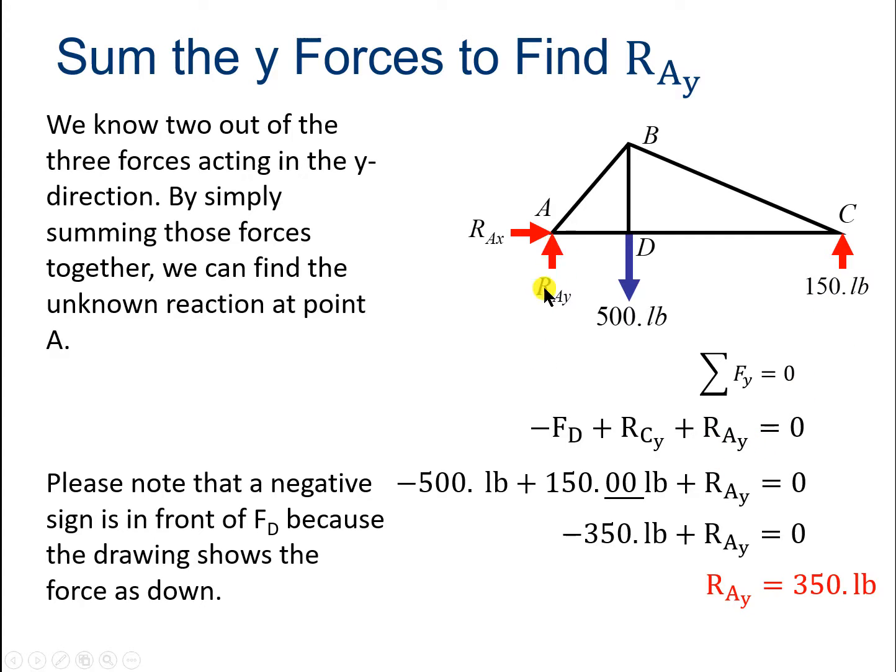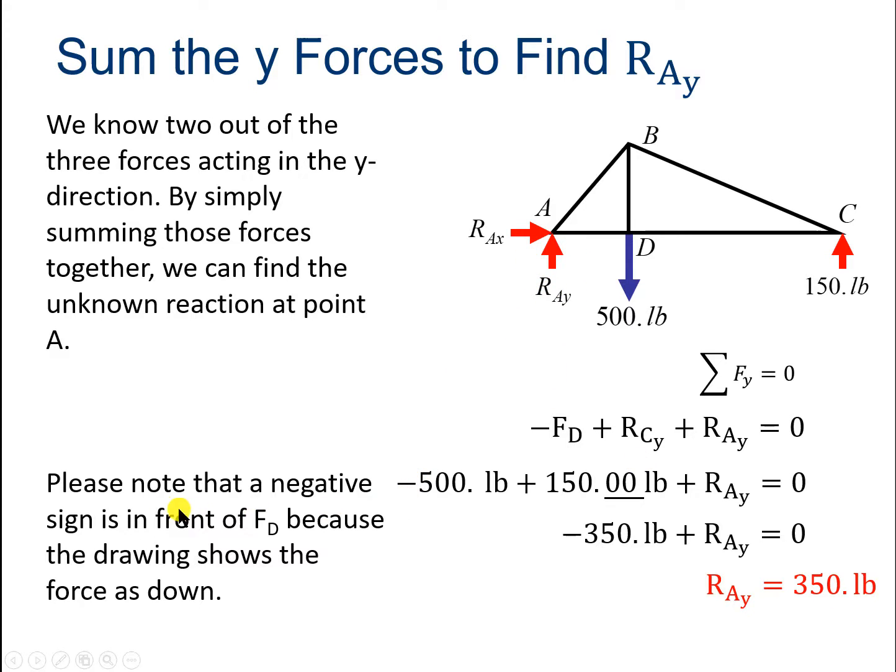Those are the only forces in the y direction. And if I continue to turn the crank and do the simple algebra, I get that RAY is 350 pounds. That's this quantity here.